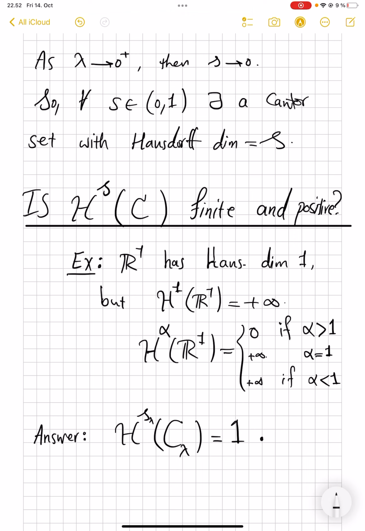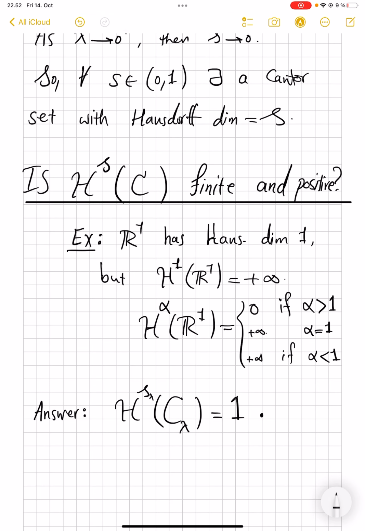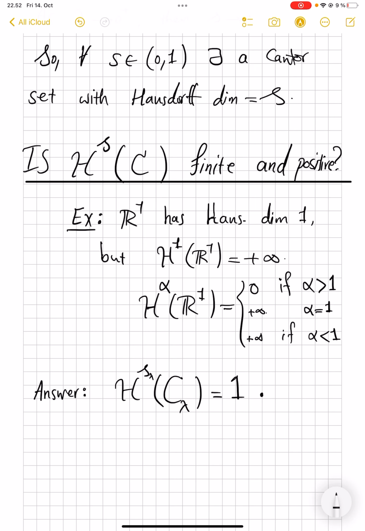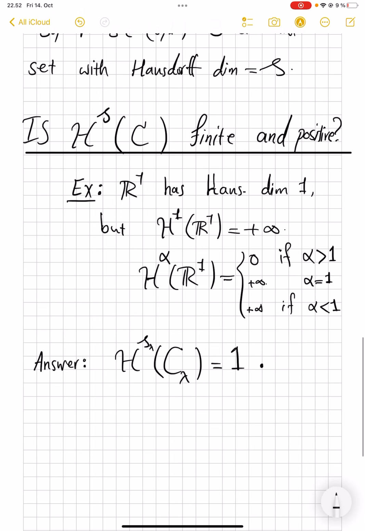Of course, this is no contradiction, because your set changes. It becomes smaller or larger depending on lambda. But also you compute the measure in a totally different way, so you have different powers. So this can indeed happen. This is a bit more technical, and Mattila's book does not prove this completely.